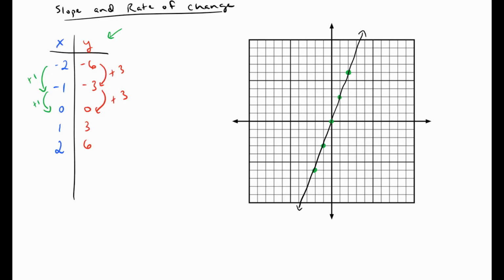So if we look back at our graph, we'll notice that if I take any 2 points and I count up 3 units, and then I count over 1 unit, I will end up at another point on the line. And we could do that a couple of times just to illustrate that further.